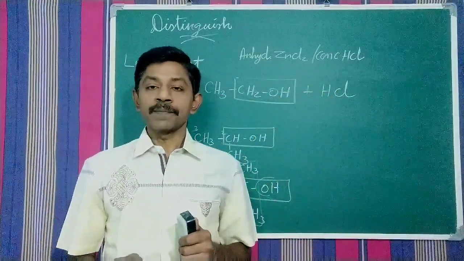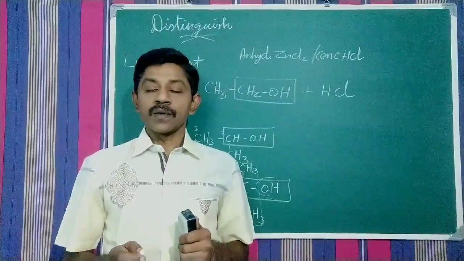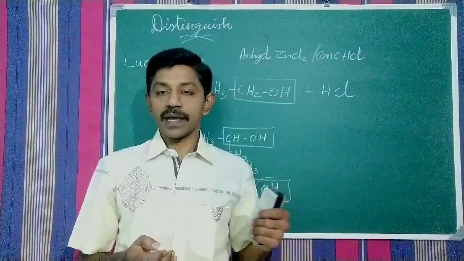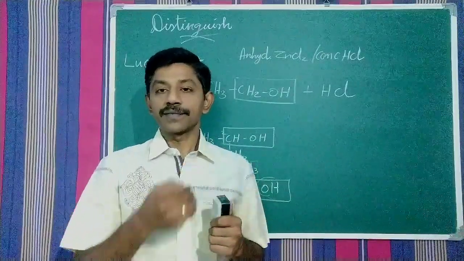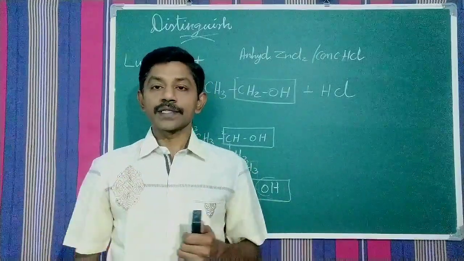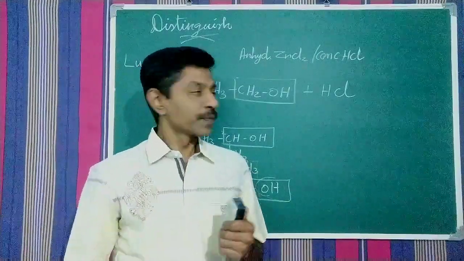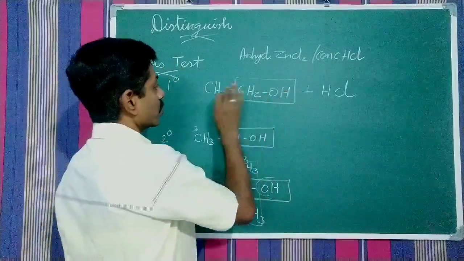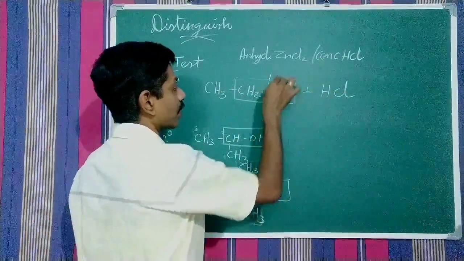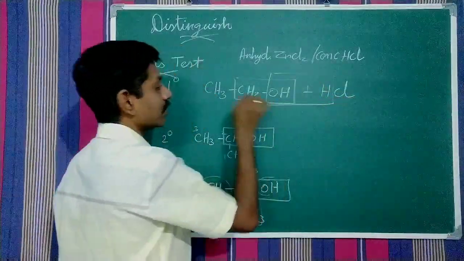Mostly in chemistry, one reactant's right hand side and another reactant's left hand side will easily go for reactivity, and writing the equation and products is very simple. So follow this strategy. Ethyl alcohol is right hand side and hydrochloric acid is left hand side, so I am going to remove this as a molecule of water.